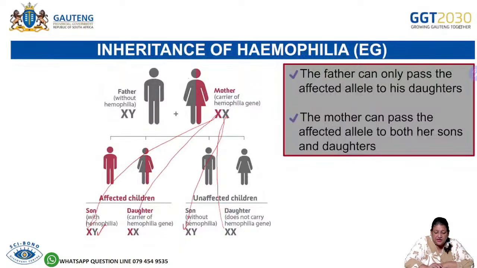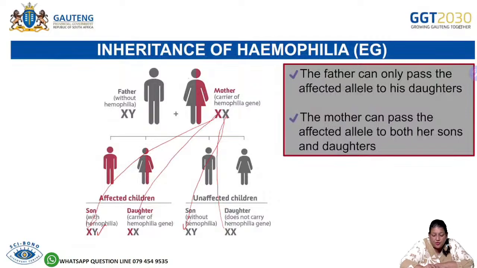So she's a carrier. So your possibilities are that you can have a 50% chance of having daughters, and a 50% chance of having sons. But out of the 50% daughters, 2 out of the 4, that means 50%.